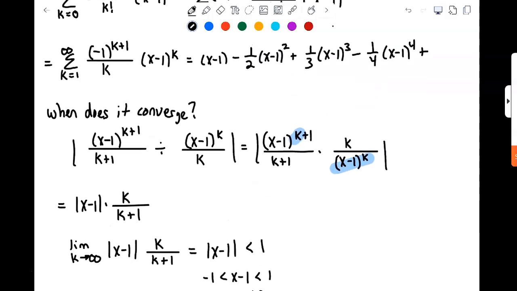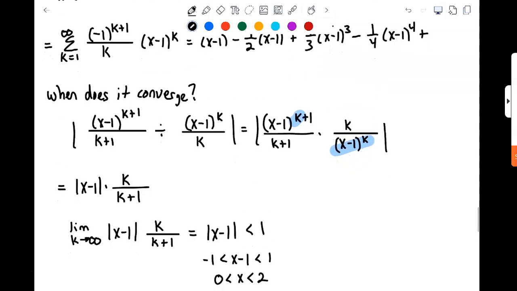So if we were plugging 0 into our series, 0 minus 1 to the kth power would just be a minus 1 raised to the k power. And that's all that's going to happen when we plug 0 in: we're going to have a minus 1 to the k to join up with a minus 1 to the k plus 1.